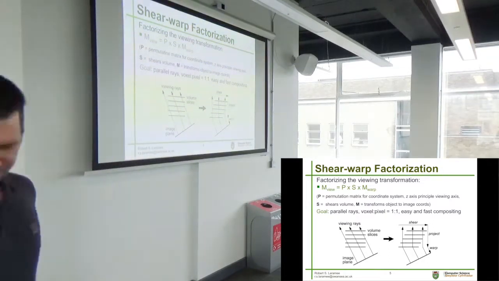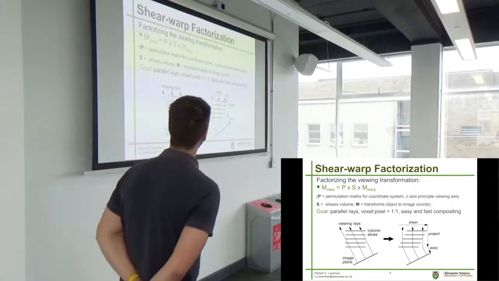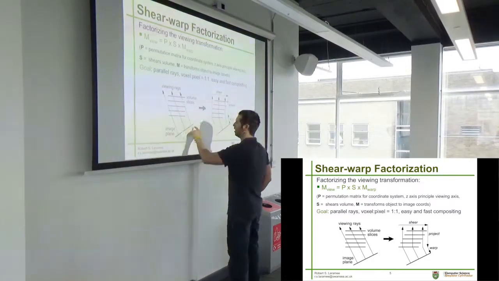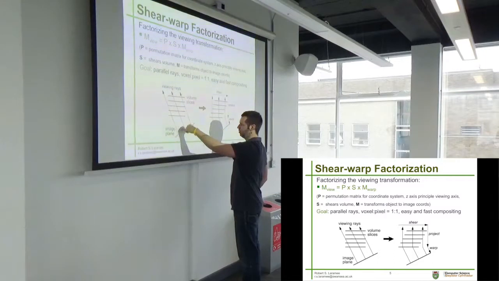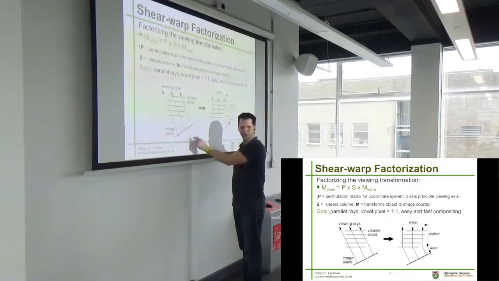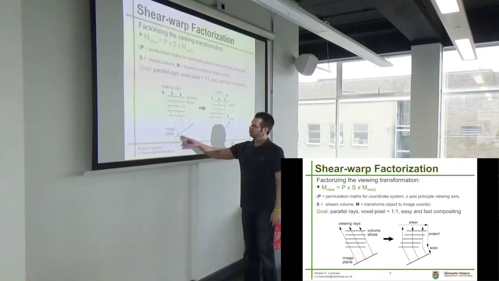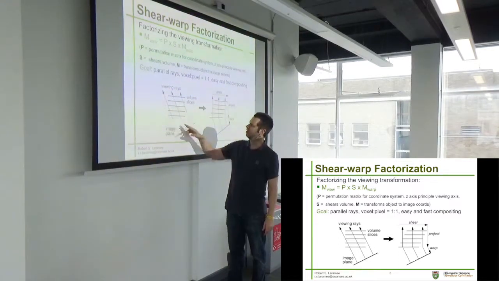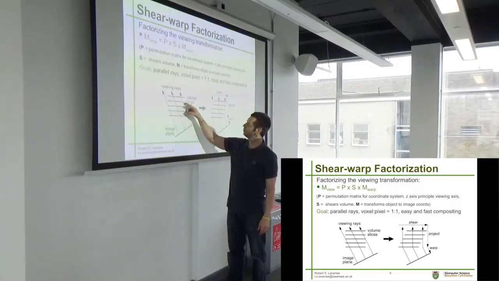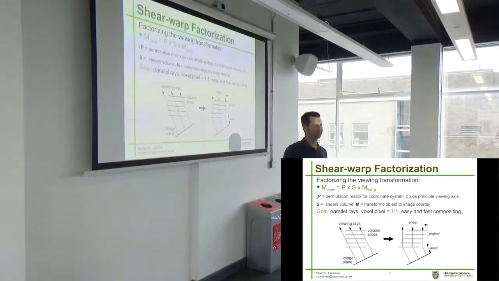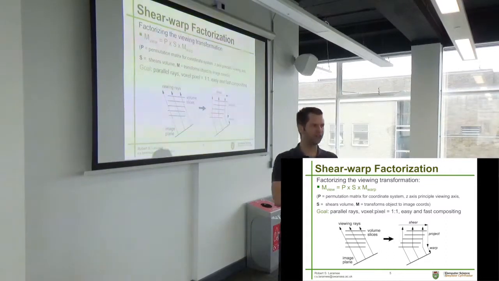The idea is, in the original ray casting algorithm, you have an image plane, which is where the pixels are being projected, the pixel colors and opacities are being computed. Here's the person looking at the screen. And the rays could hit the volume, these are the volume data slices, at any arbitrary angle.